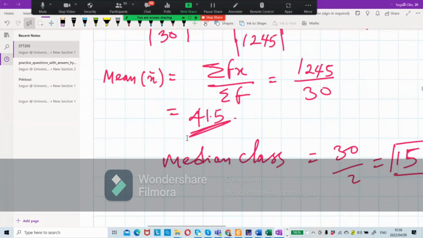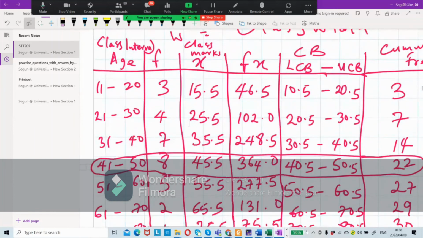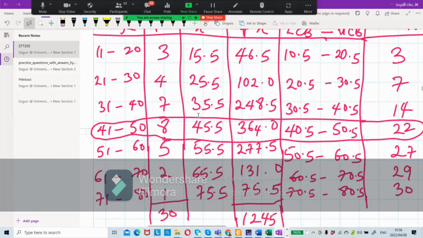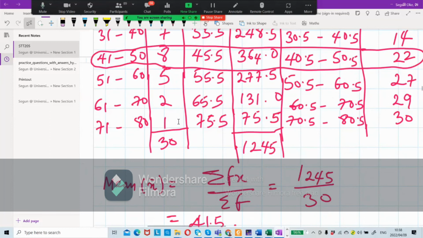So what I did was add it from this table. Now we don't know the median class. For us to identify the median class, remember, it is the middle number. How do we identify the middle number in grouped data? Now we know the summation, this is the final answer, the total frequency. But we cannot get it here.